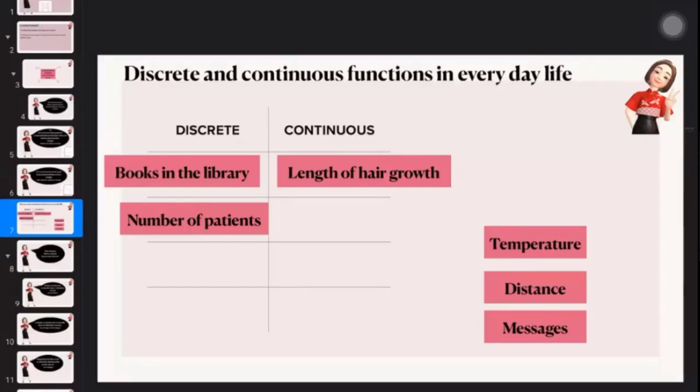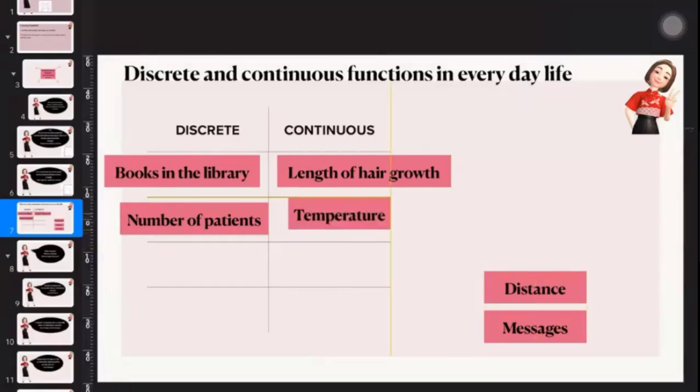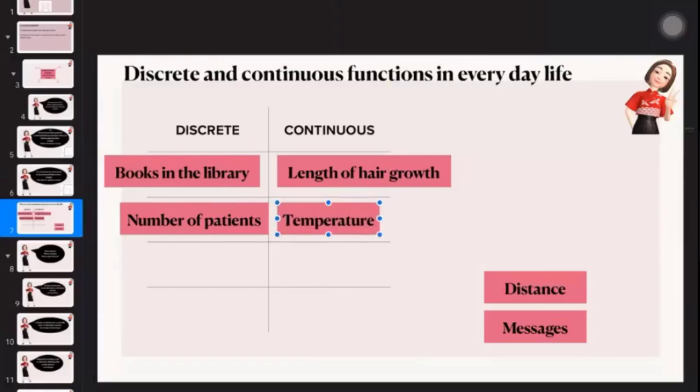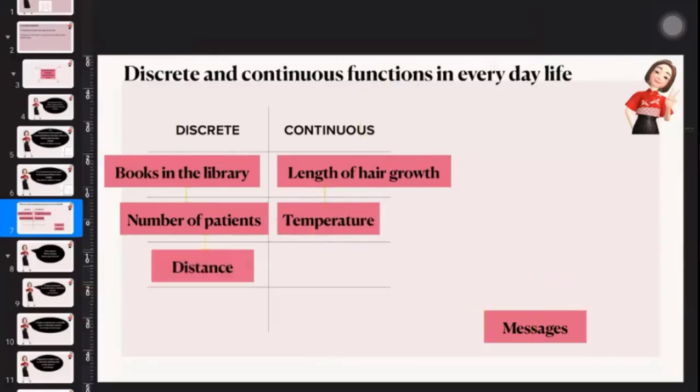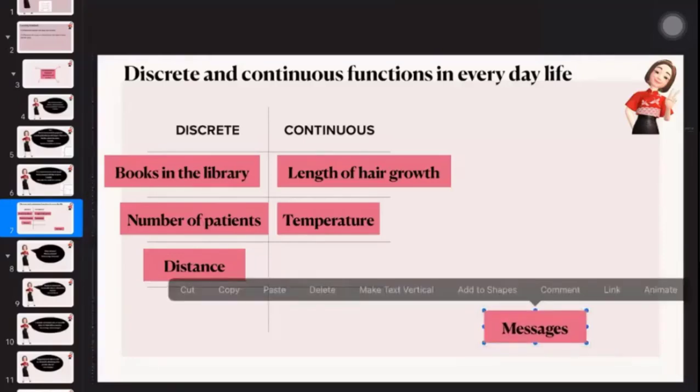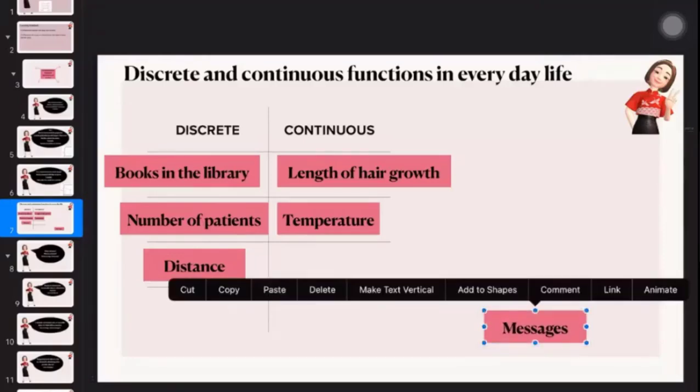Discrete. Number of patients discrete, right? I gave the answer already. Okay, how about the temperature? Continuous. Yes, temperature is continuous. Okay, how about the distance? Discrete. Okay, and the messages? The number of messages? Continuous. Are you sure? I don't know. Just guessing.